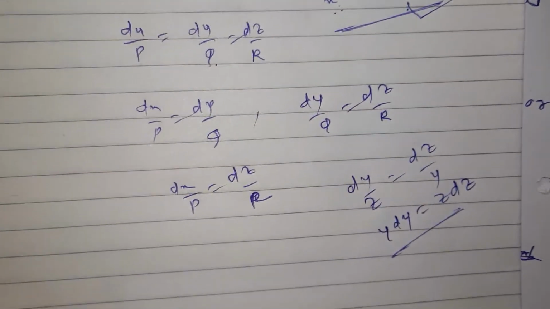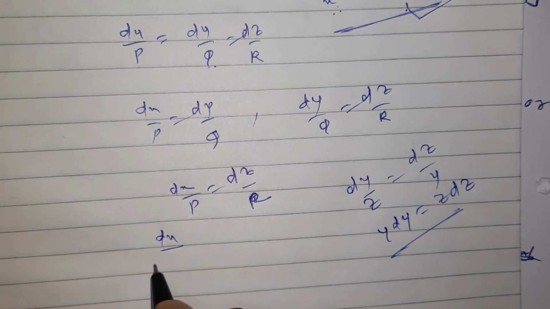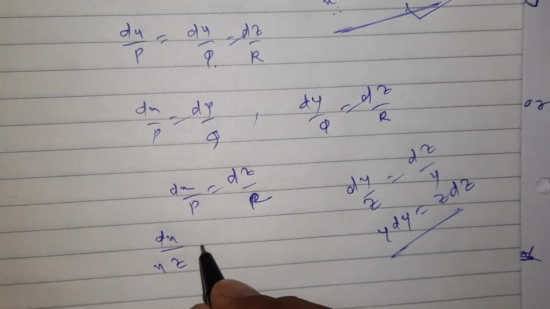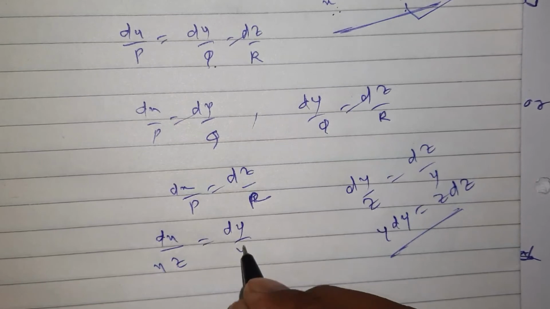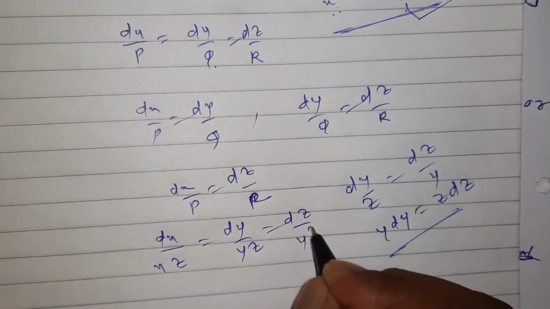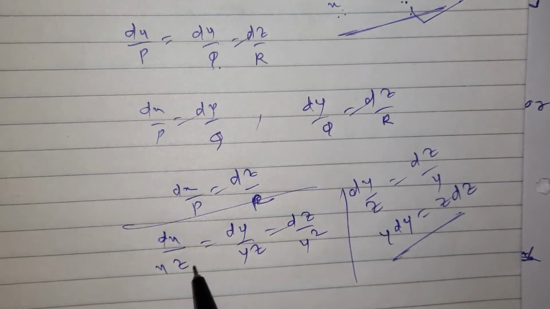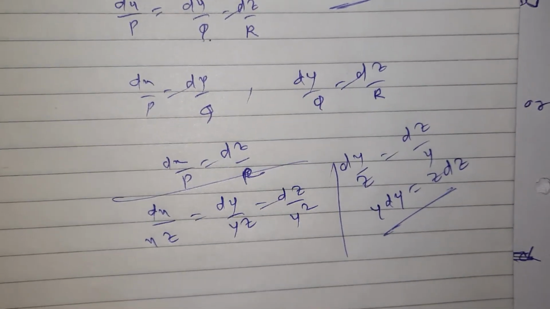For your understanding, I may take one example: dx upon xz is equal to dy upon yz is equal to dz upon y square. If I take this equation, see carefully here. Which group is possible?